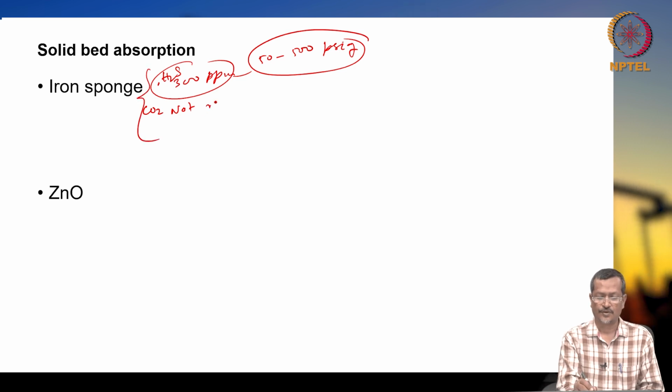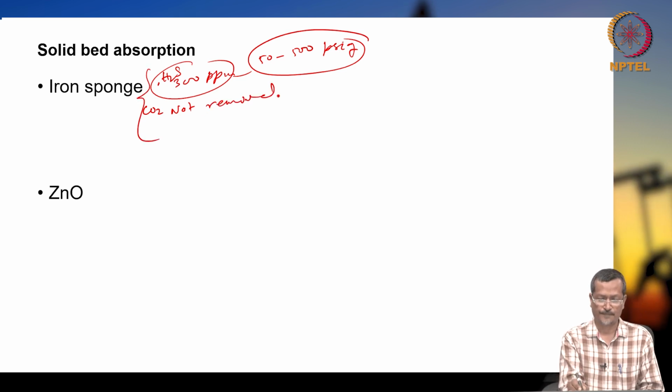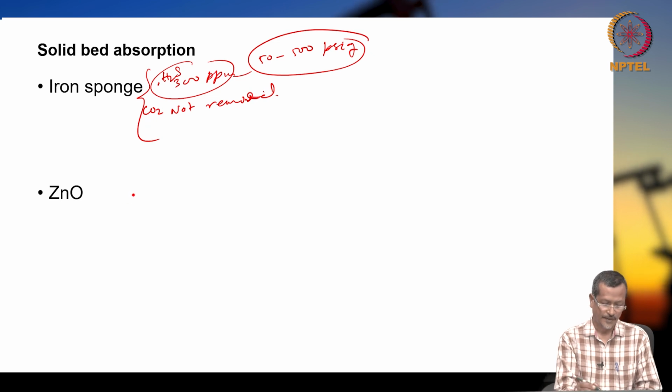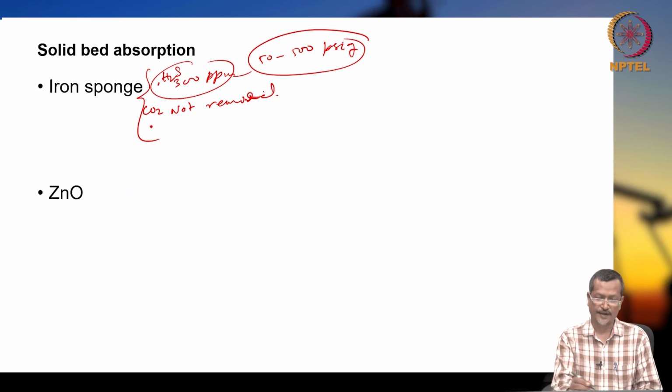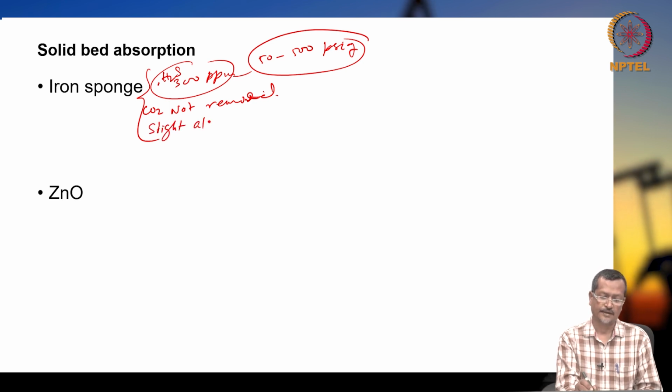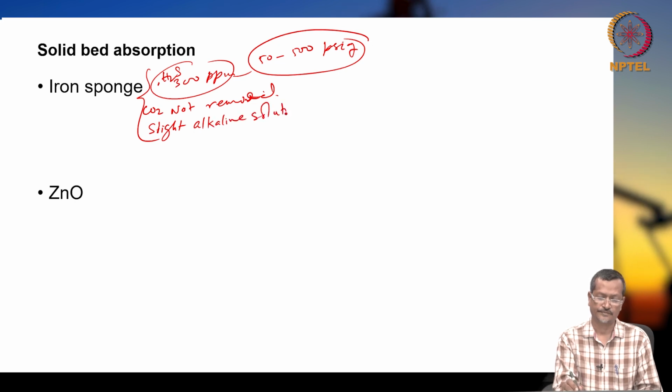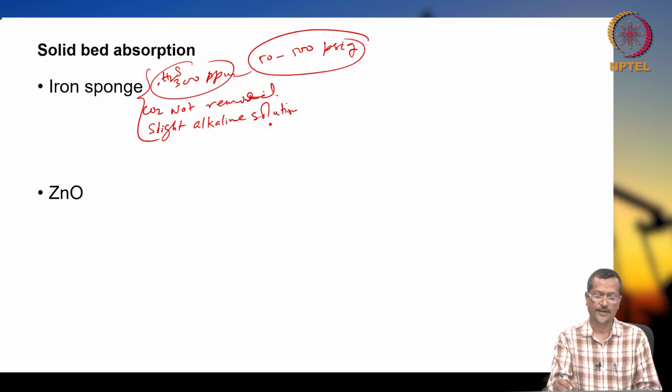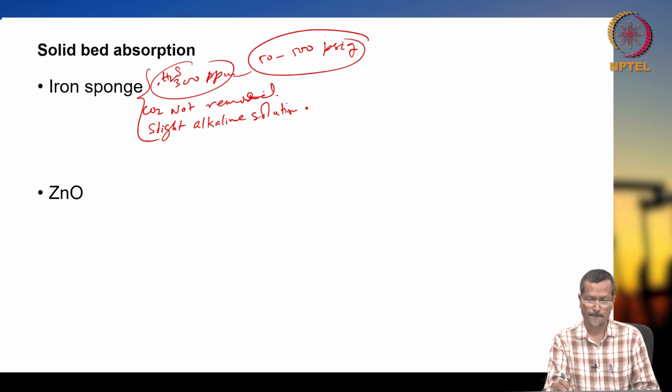The reaction requires a slightly alkaline solution to react H2S and iron.